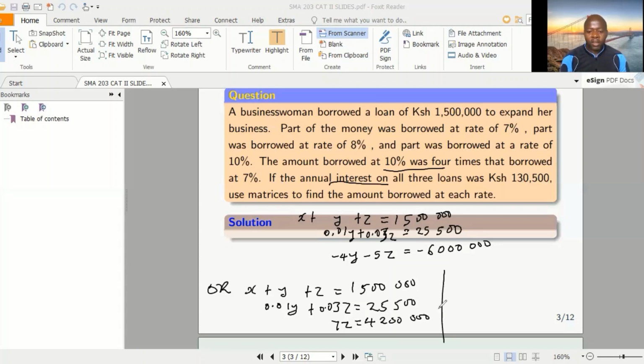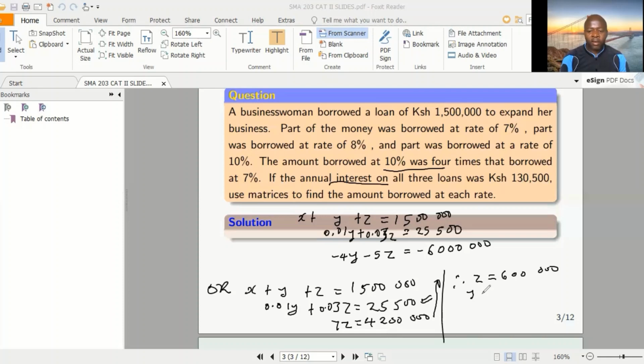The last equation tells us that z, divide both sides by 7, and we get 600,000 Kenya shillings. Now move to this other equation. So you're solving going up. Move to this other equation where there is z, put 600,000 and make y the subject.